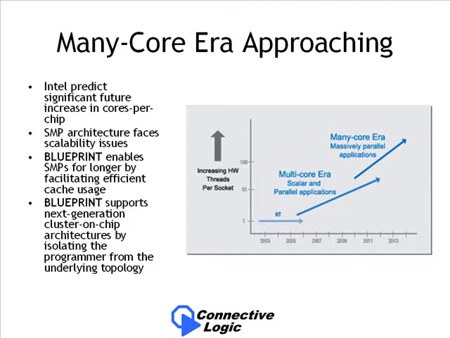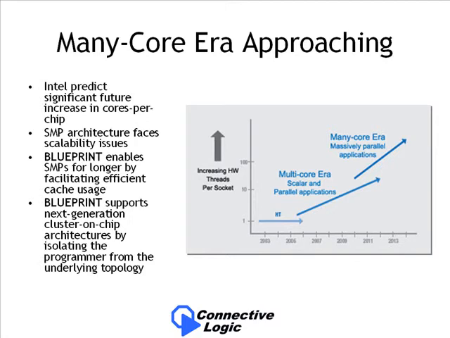Now, Blueprint enables SMPs to be used for longer by facilitating efficient cache usage, and that involves trying to run jobs that have large amounts of state on the same core each time to avoid shifting that in and out of main memory. But eventually there's going to come a point where the SMP model isn't sustainable anymore, it just won't scale.